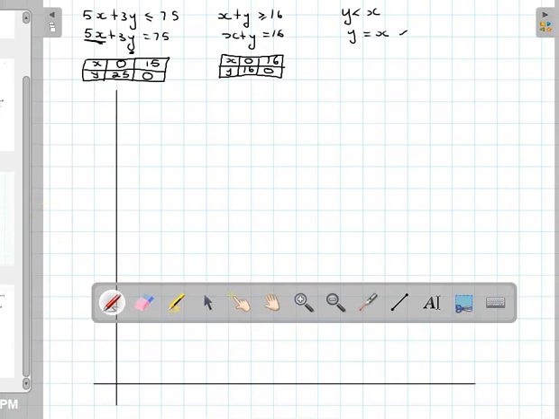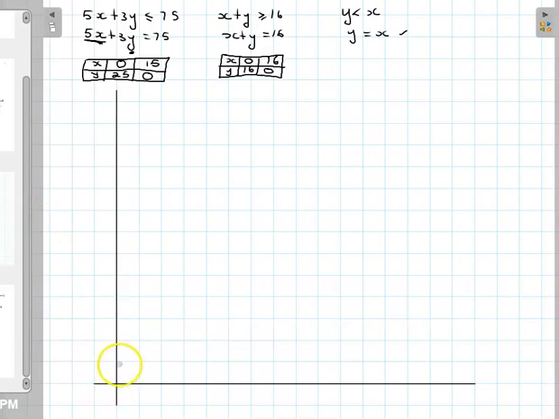Alright, going up, I'll use 1 square for 2 units, so this will be 4. This will be 8. This will be 10. I'm trying to manage my space. No, that's not 10.